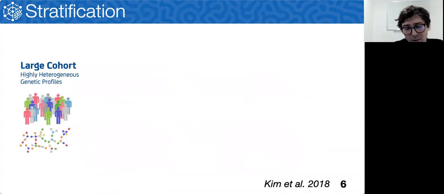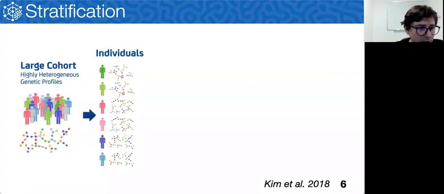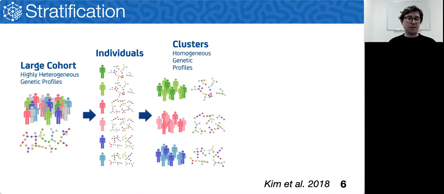To show you just a couple of examples, I worked, for instance, on stratification based on genetic networks. So you take a large cohort of highly heterogeneous genetic profiles of patients, you go back to the individual level, and you use machine learning to cluster patients based on homogeneous genetic profiles.